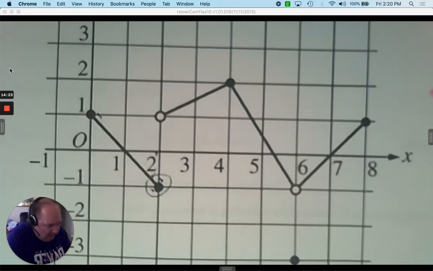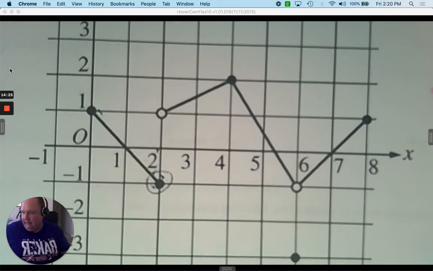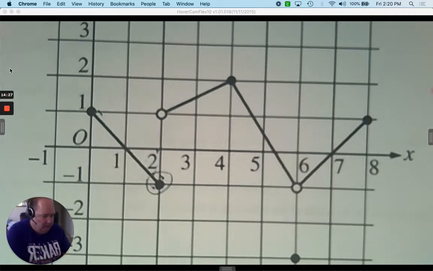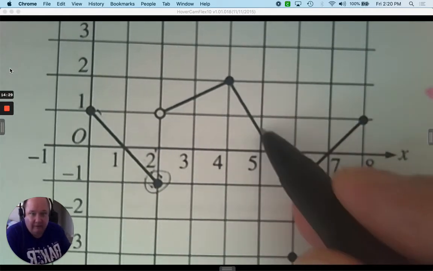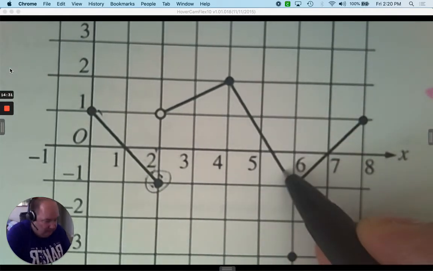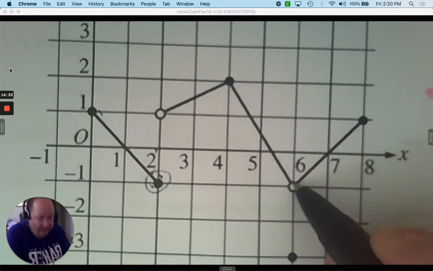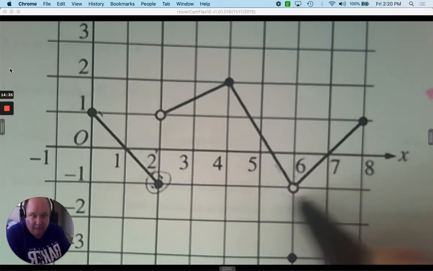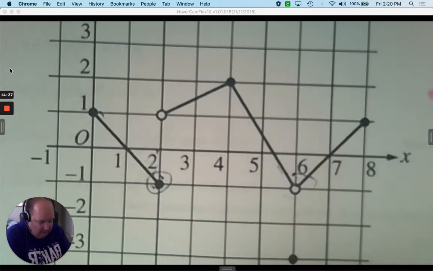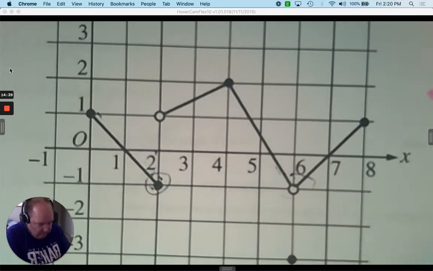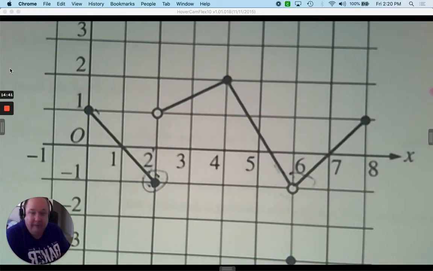How about the limit as x approaches 6 from the left? So as 6 is from the left, that's here, it's equal to the limit from 6 from the right. So the left and the right both agree on the y-coordinate. I agree with that. The limit as x approaches 6 is equal to f at 6.